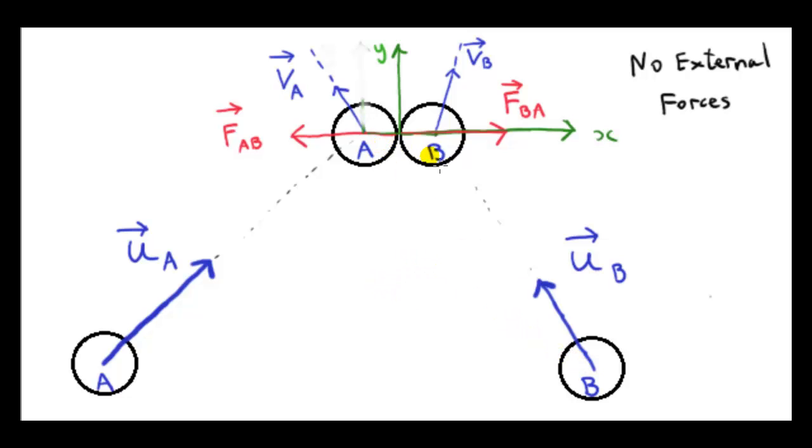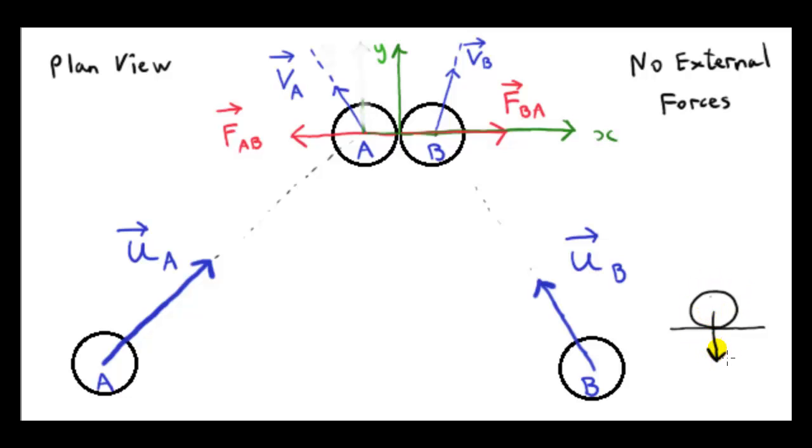Alternatively, we could imagine that the two spheres are resting on a horizontal table and we have a plan view. So we could imagine looking down on, say, two pool balls or two snooker balls. But these balls are on a perfectly smooth table. So if we take, say, an edge-on view of this ball, this horizontal line is the pool table. Well, in this case we do have external forces on each sphere.